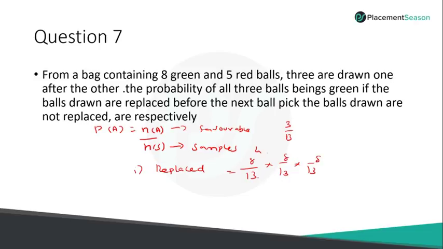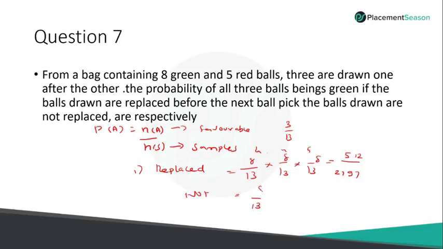Because the balls are drawn one after the other, so I'm applying this formula. Out of 13 balls, 8 are green. Again this is replaced, so again 13, 8. Again the ball is replaced. This is the second green ball and the third green ball. So if the balls are replaced, the answer must be 512 by 2197.